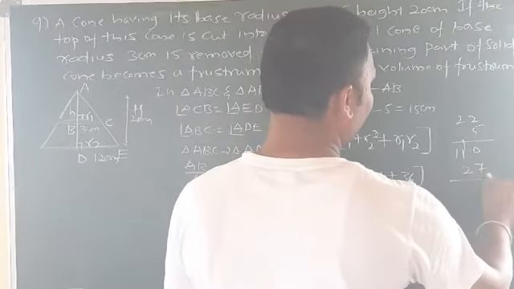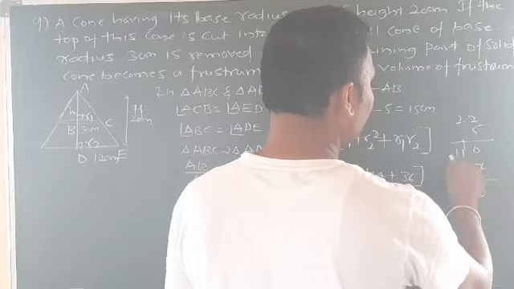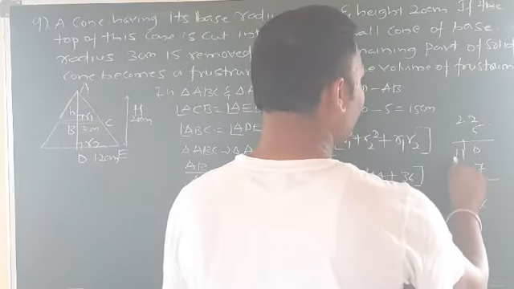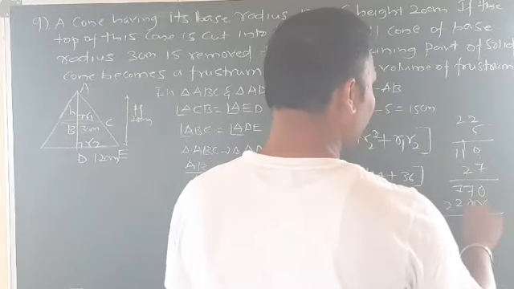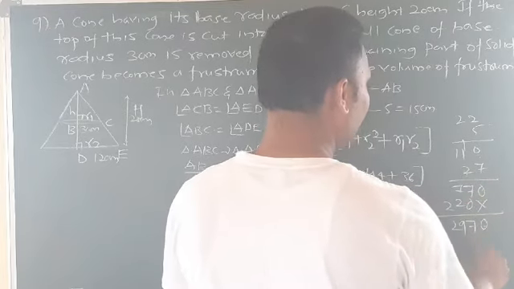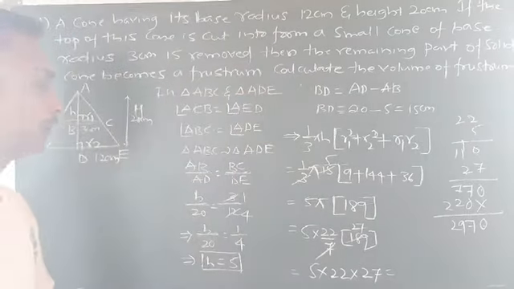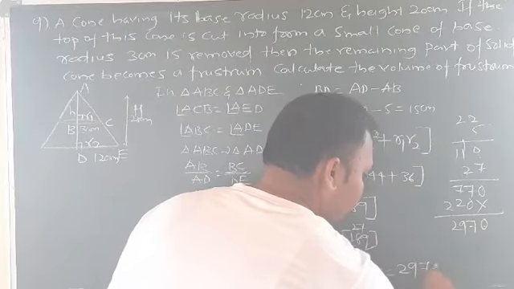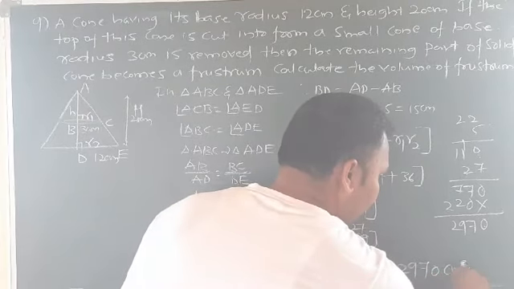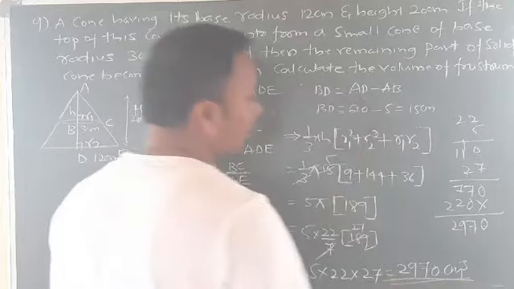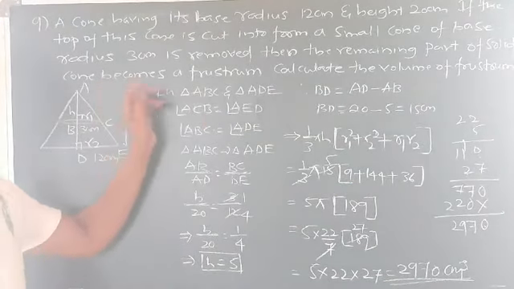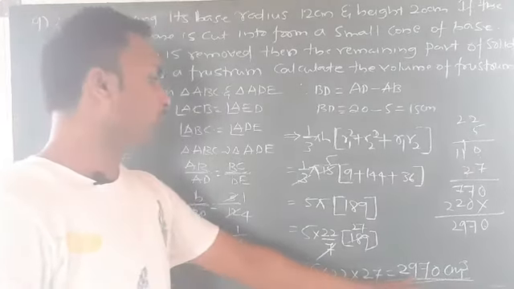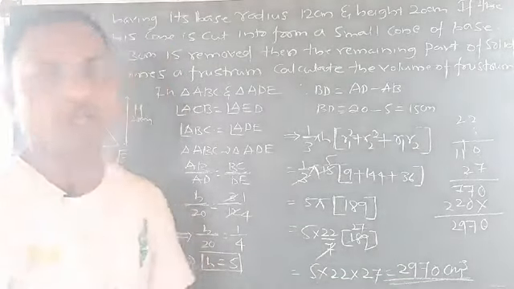So 110 into 27. We get 2970. So the total answer is 2970 centimeter cube. This is the final answer; we needed to calculate the volume of the frustum, and the volume of the frustum is 2970 centimeter cube.